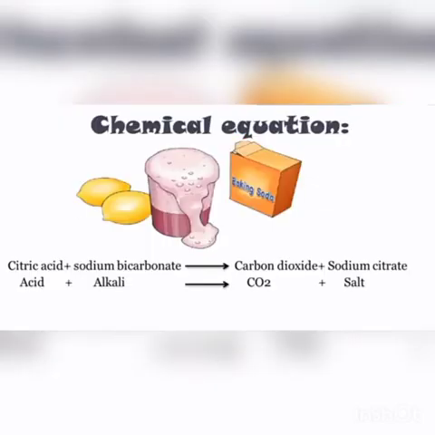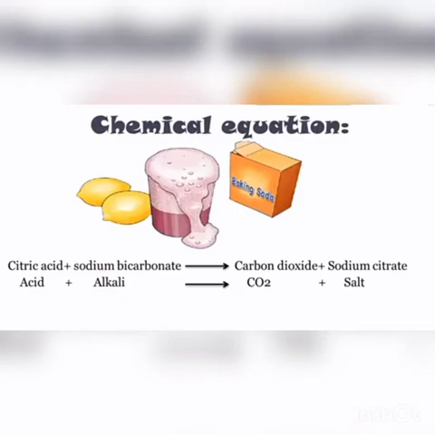Name and the chemical formula of the original substance and the newly formed substance are used while writing a chemical equation. For example, when baking soda is added to lemon juice, a chemical change takes place in the citric acid present in the lemon juice and the gas formed is carbon dioxide.